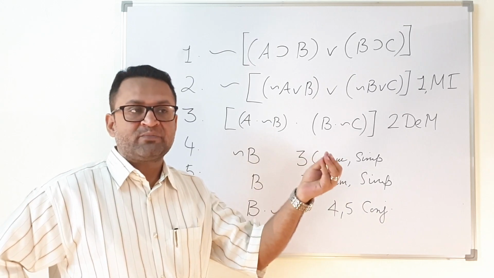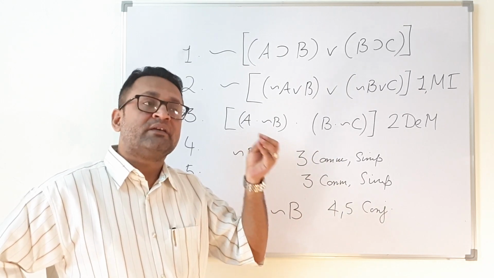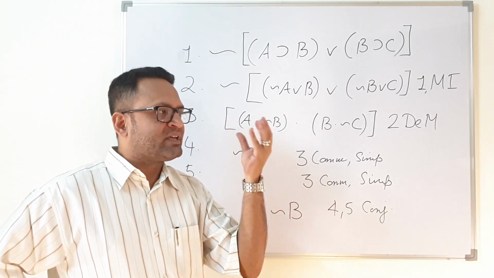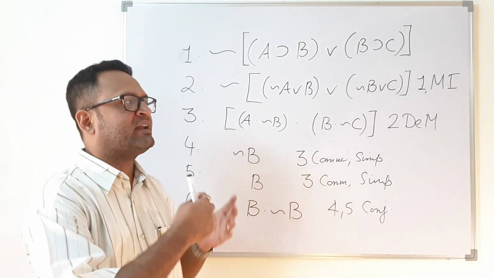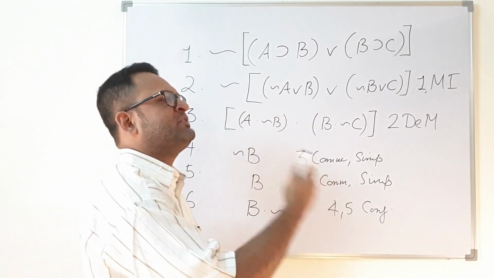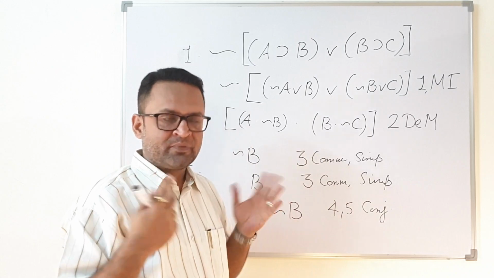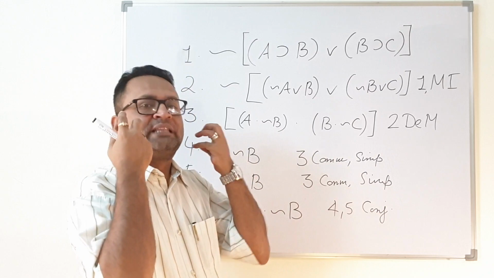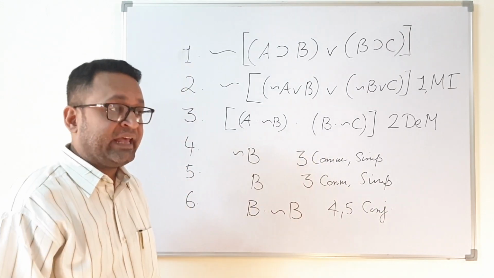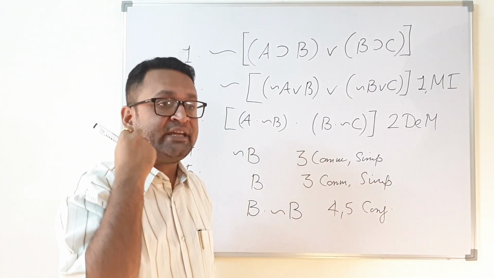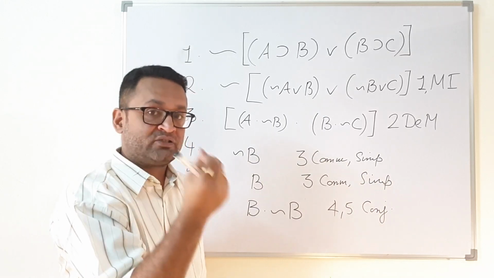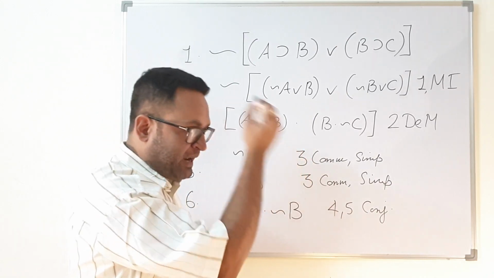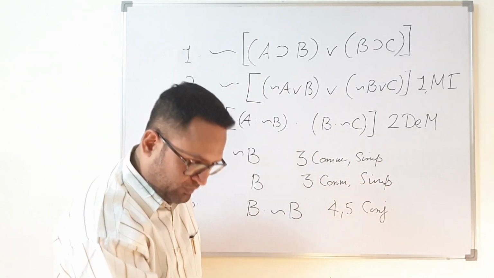Tautology is also a rule of replacement where P wedge P is equivalent to P, or P dot P is equivalent to P. That means it stops us from duplicating the data, because if P wedge P wedge P wedge P wedge P is there, it's nothing but P. If P dot P dot P dot P dot P dot P is there, it's nothing but P. So that understanding has to be developed. Then any valid argument is a tautology in itself: if you conjoin the premises implying the conclusion, it will come out to be a tautology.